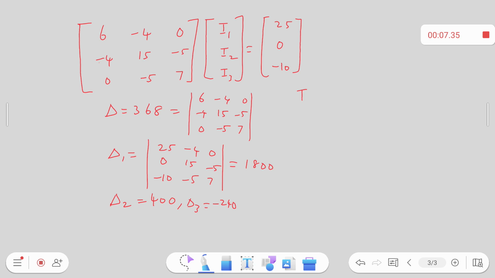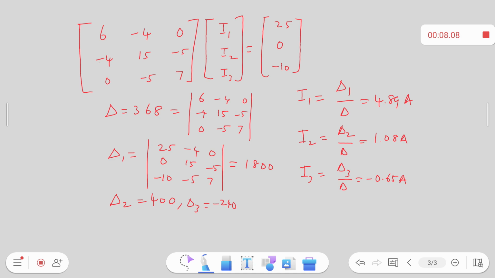Then I am calculating my first loop current, which is I1 equal to del 1 by del, which will be around 4.89 amps. Likewise I am calculating the I2 value. My I2 value is del 2 by del, and if you divide these values, you get 1.08 amps. Likewise my I3 value is del 3 by del, which gives you minus 0.65 amps.